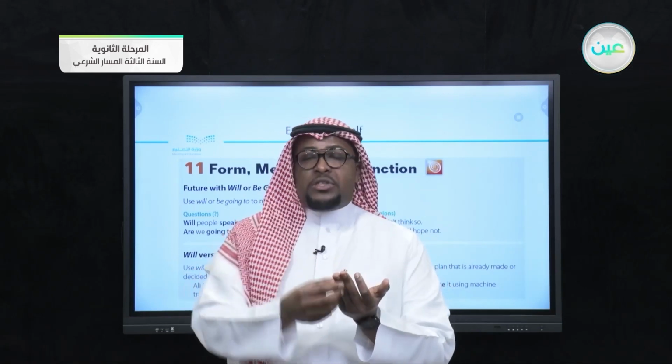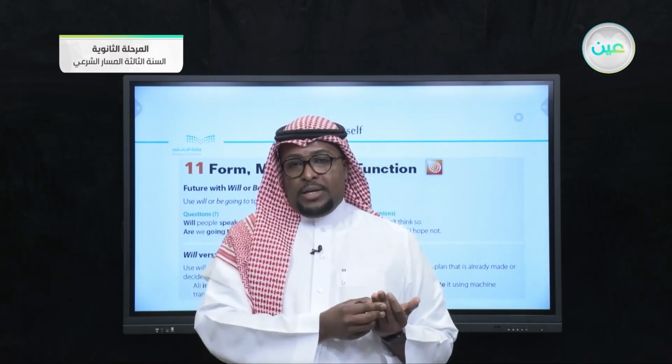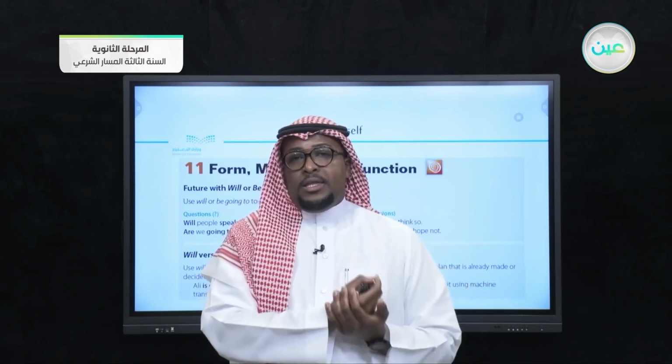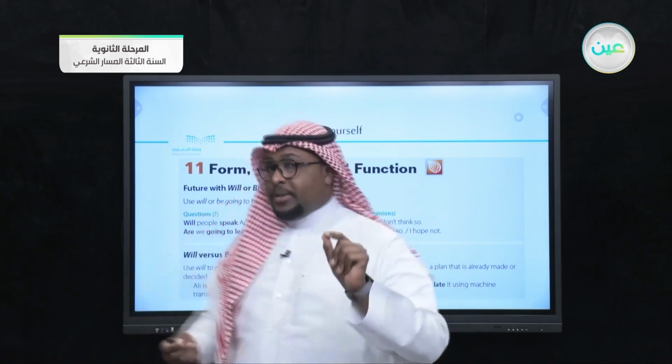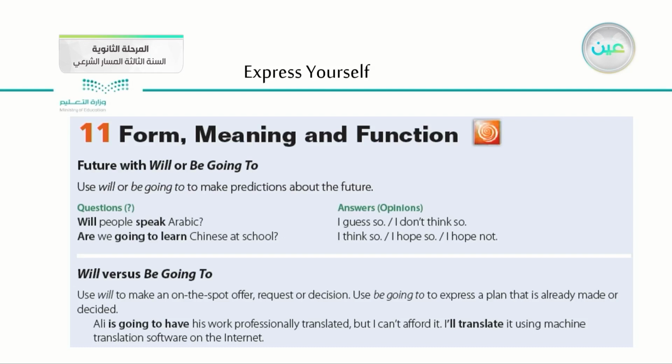All these three verbs are very important, and of course, we use them with the future going to. So it's very important to know this. So, are we going to learn Chinese at school? And of course, here we have the answers: I guess so, I don't think so, I think so, I hope so, I hope not. So this is the first part, which is future, will, and going to.